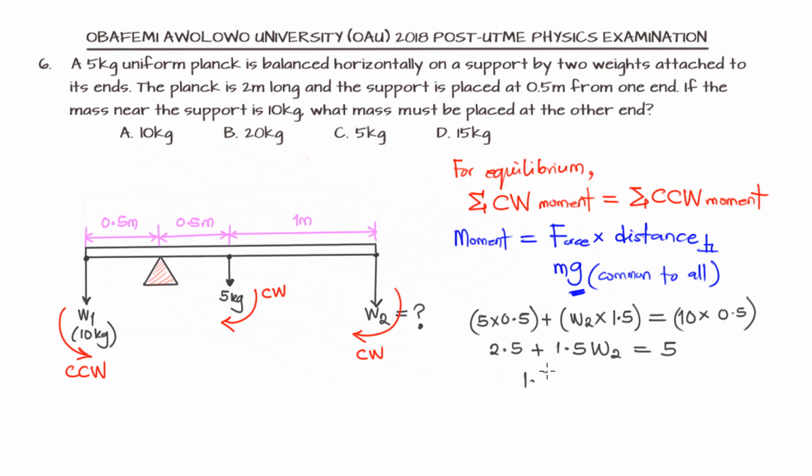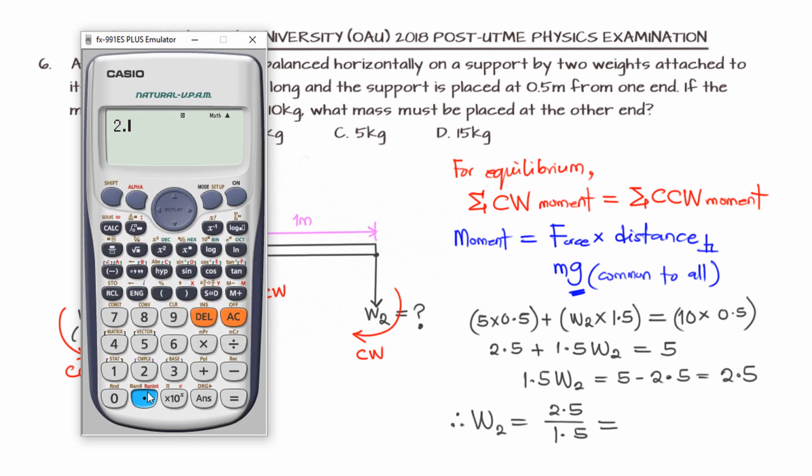So 1.5 W2 is equal to 5 minus 2.5 when 2.5 moves to the right-hand side. And that is 2.5. And we have our weight 2. Our weight 2 will be 2.5 divided by 1.5. So if we find that, we have 2.5 divided by 1.5.